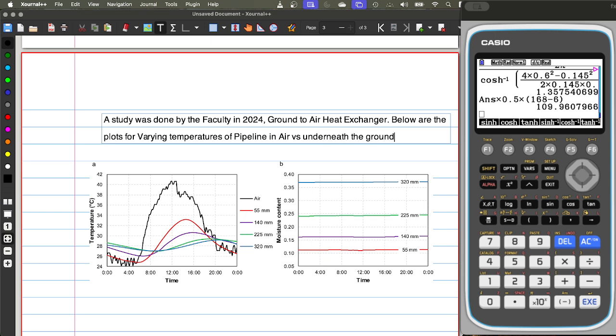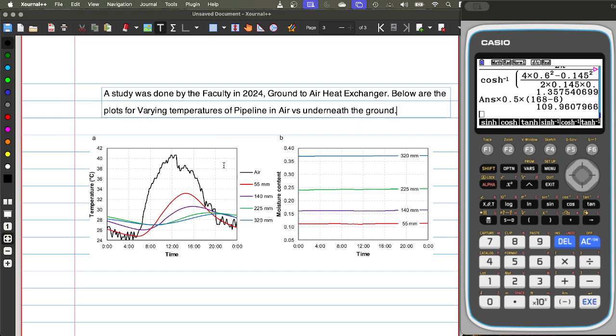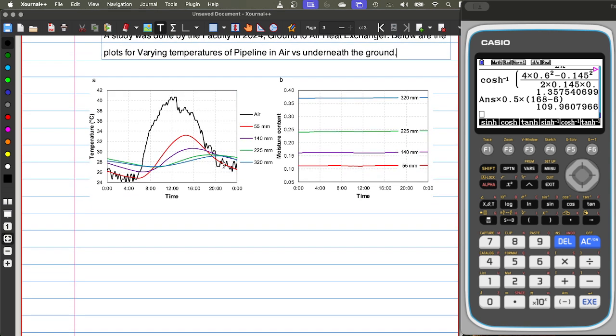To understand this, what they did was they had a pipe that went... that is a bad drawing. So this is the pipe they had.